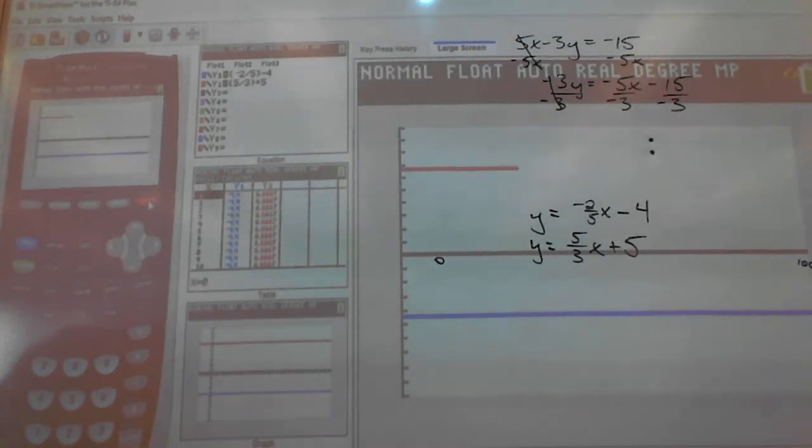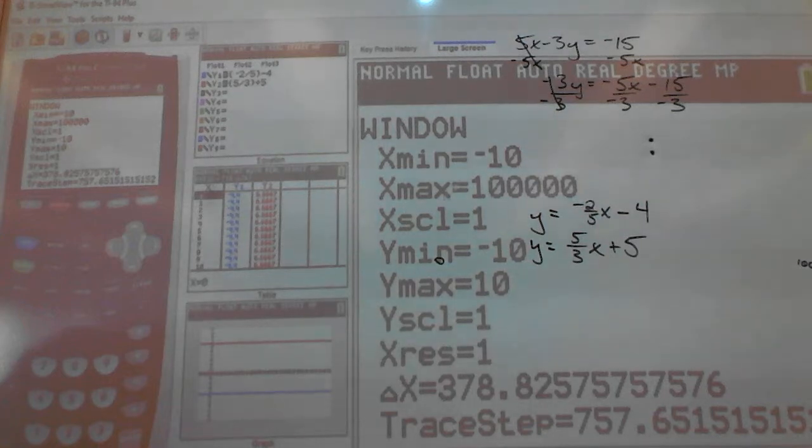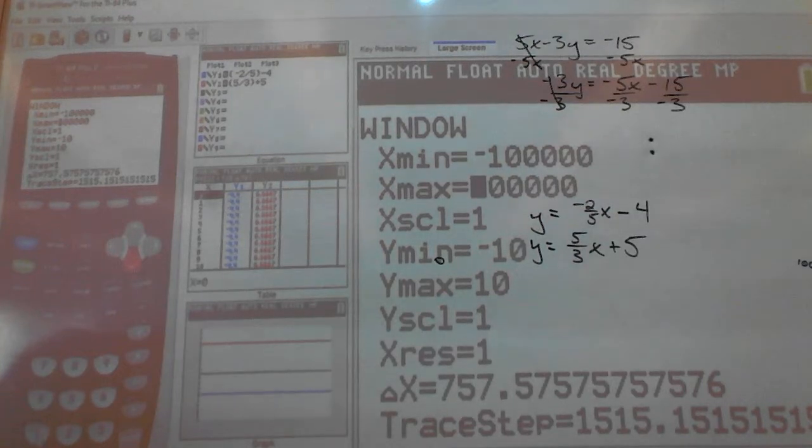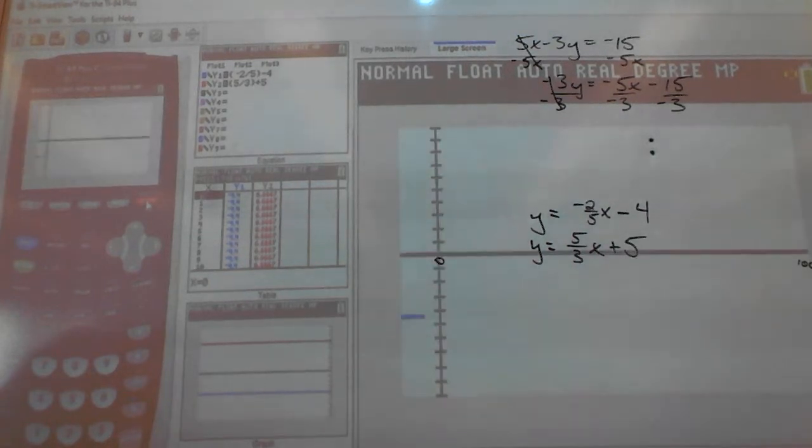Well, it looks as though these lines are not cooperating. I'm going to guess and test one more time, and then we're going to say this isn't worth doing. So I'm going to make my x minimum very big, negative 1,000,000, and I'm going to make my x max 1 million. Oh, good Lord.